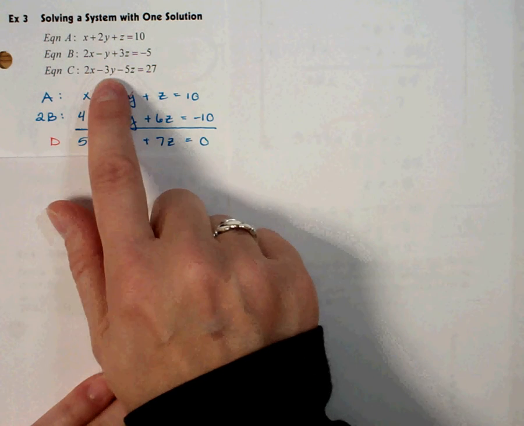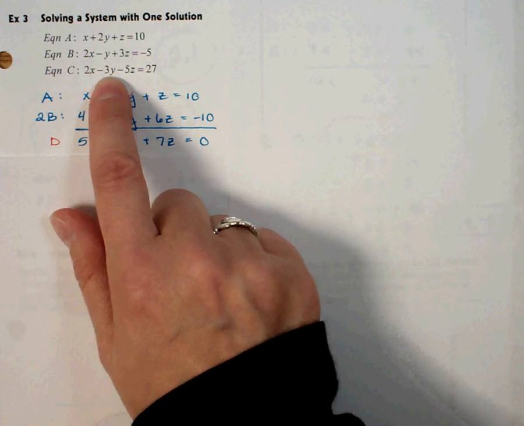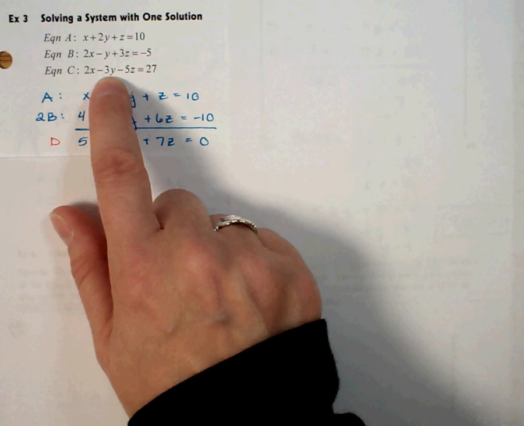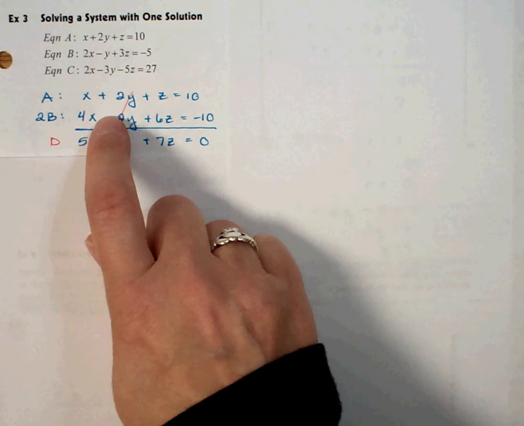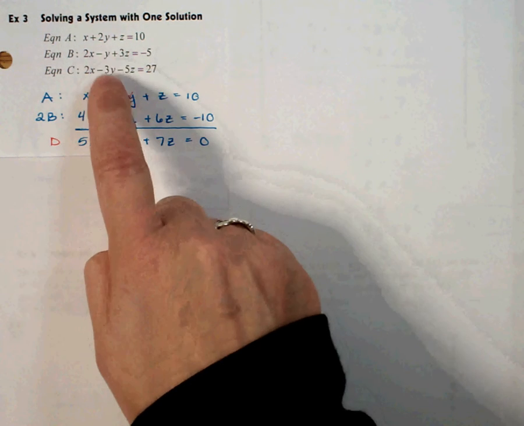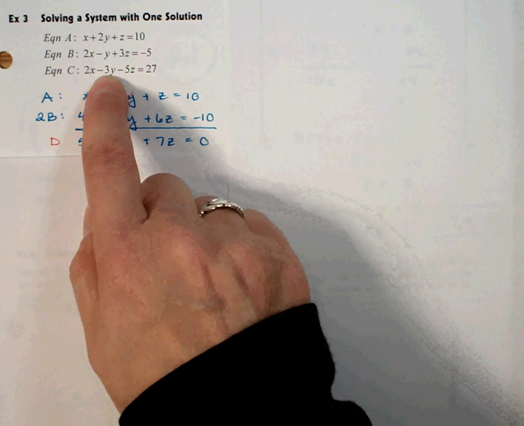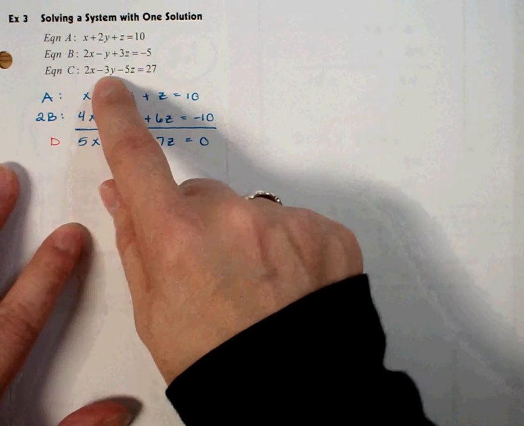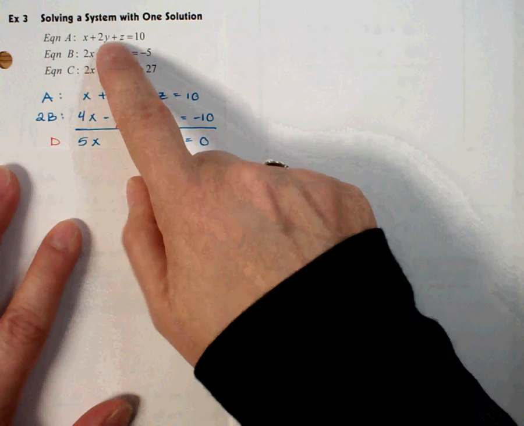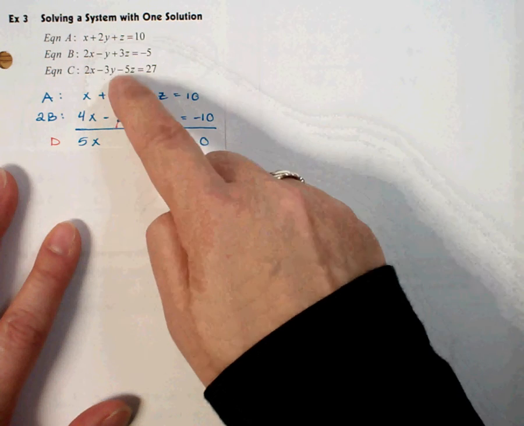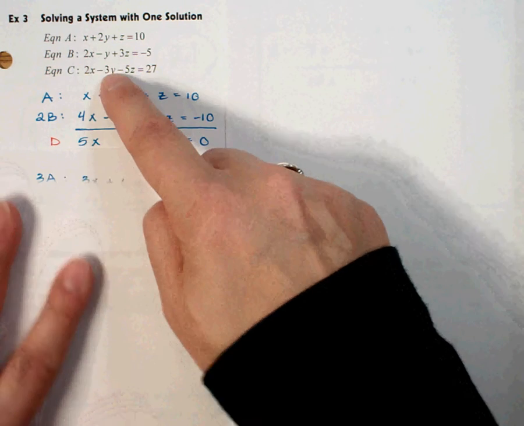The important thing to understand is when we go back to eliminate y, it's crucial that we use all 3 equations. So in my first step, I used equations A and B, so my second step has to use equation C. So for equation C, I'm going to again use equation A that I'm going to multiply by 3, and equation C I'm going to multiply by 2.